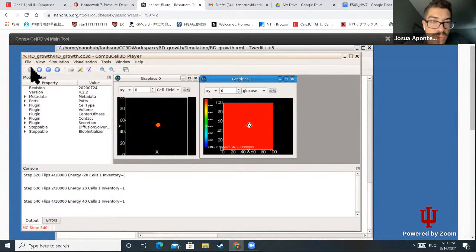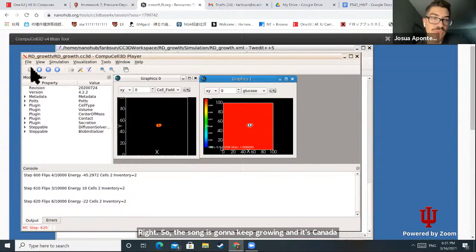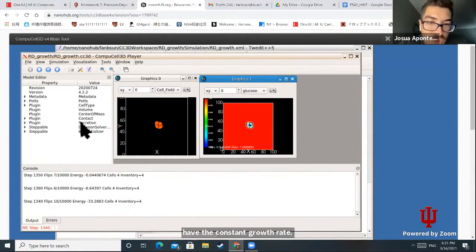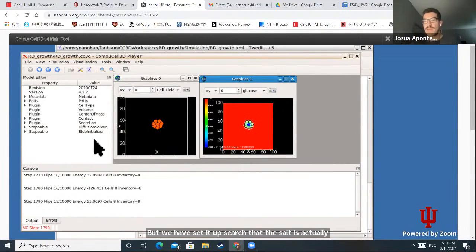Right. So the cell is gonna keep growing and it's gonna divide because we still have the constant growth rate, but we have set it up such that the cell is actually taking up from the chemical field now.